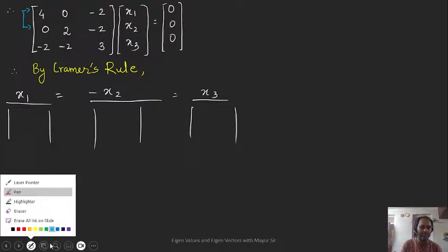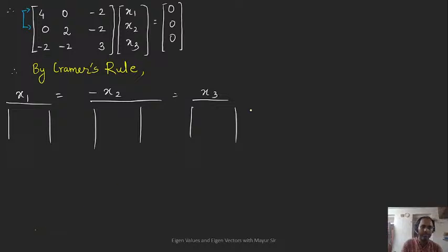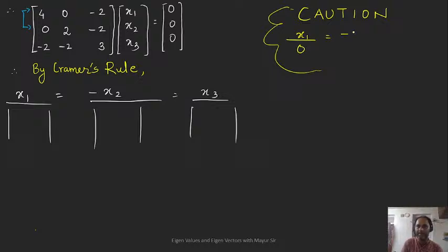Let me put this word of caution here. Caution: x1 upon 0, minus x2 upon 0, x3 upon 0 is not allowed.